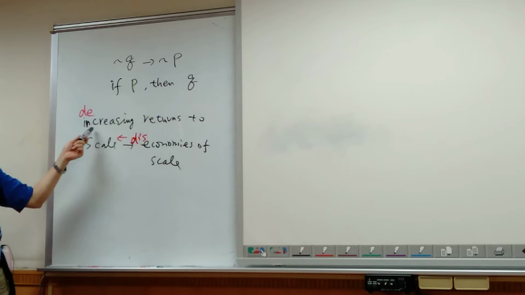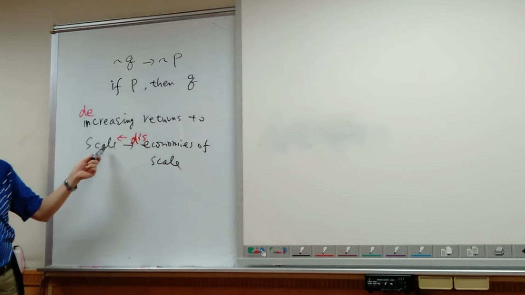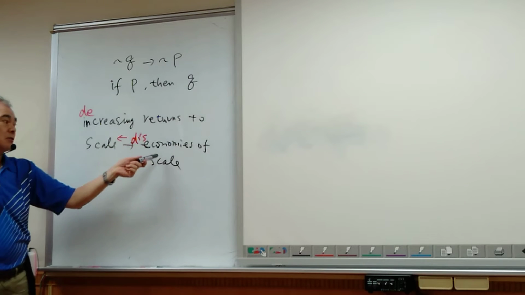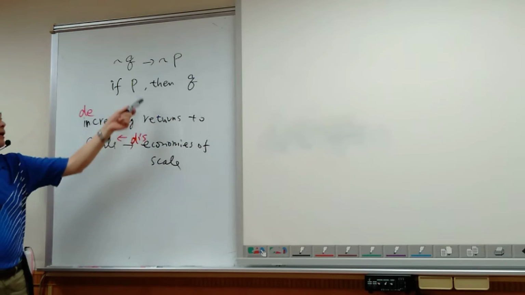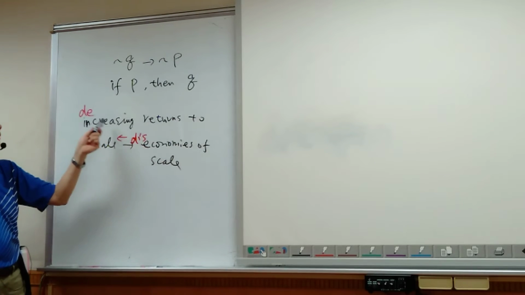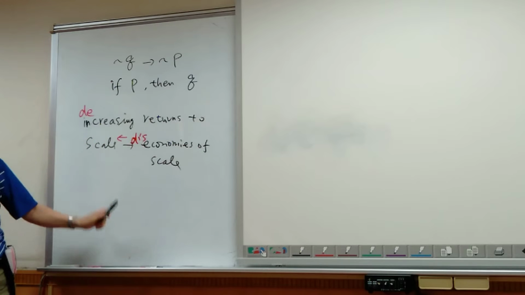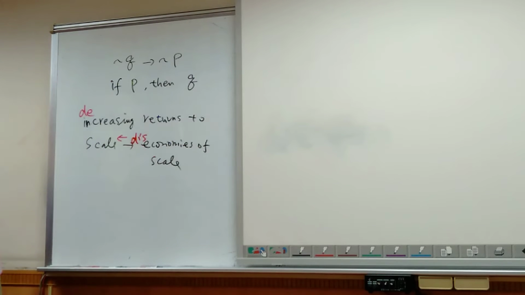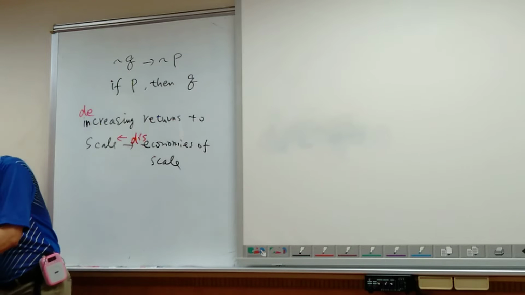If we have increasing returns to scale, then we would have economies of scale. In the opposite direction, if you have diseconomies of scale, you're going to have decreasing returns to scale. So the answer is B, because of that. So question 2.